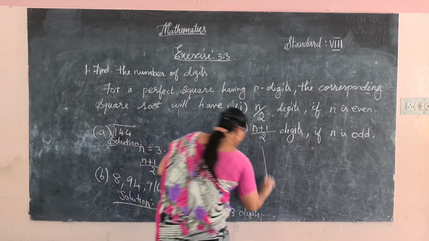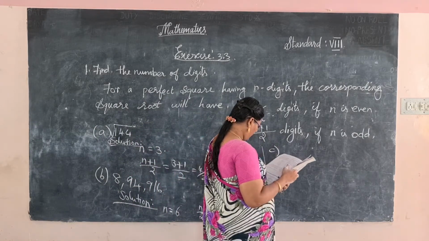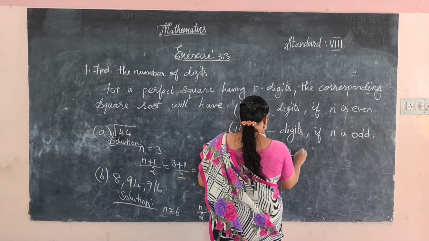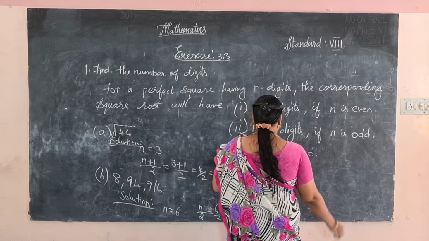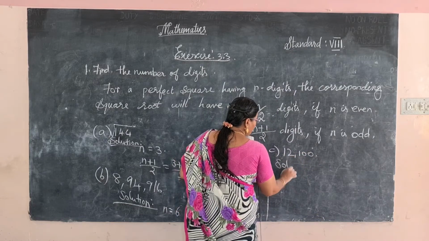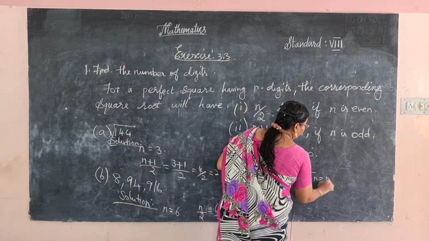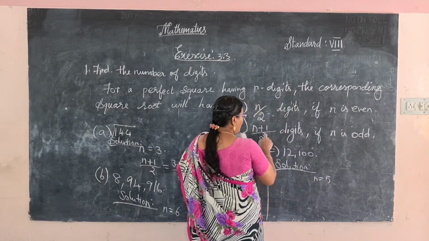And the next one, (c) 12,100. Count the digits. 1, 2, 3, 4, 5. Solution: the number of digits n is equal to 5. Is 5 odd or even? Odd number.